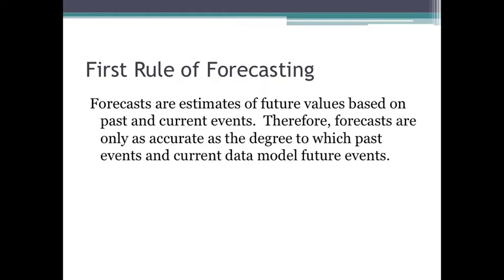It's changed. In other words, what was the past is not reflected in the future. These things happen. So, first rule of forecasting: forecasts are only as accurate as the degree to which the past and the present is a reflection of what's going to happen in the future.